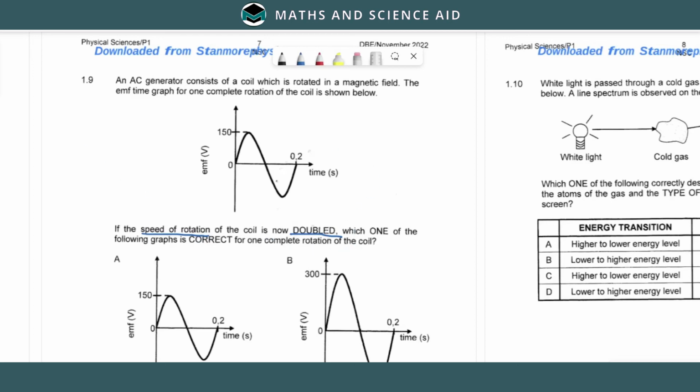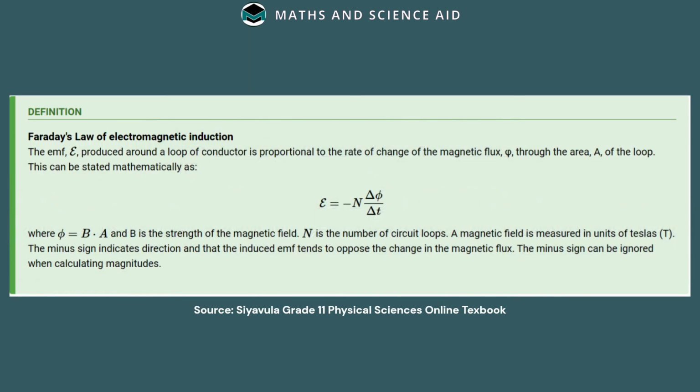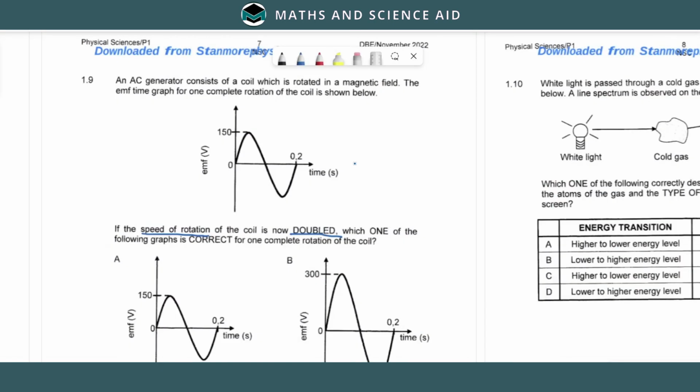And so this is actually based on Faraday's law. So doubling the speed of rotation will affect two things. First, if you double the speed of rotation, the maximum EMF will also be doubled. In addition to that, it means that the coil will finish one complete rotation in half the time it did here.